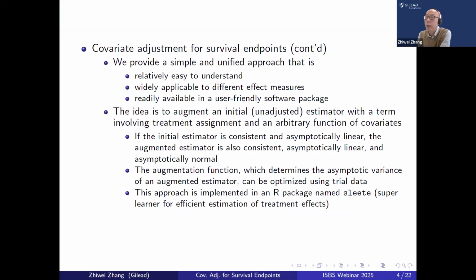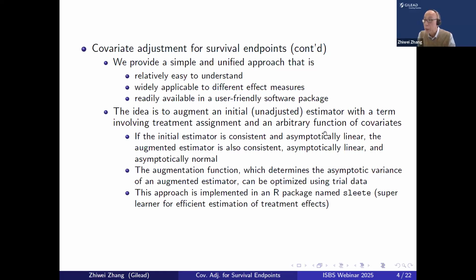Our approach is a general-purpose augmentation approach, in which an initial treatment effect estimator is augmented with a term involving treatment assignment and an arbitrary function of covariates, which is known as the augmentation function.